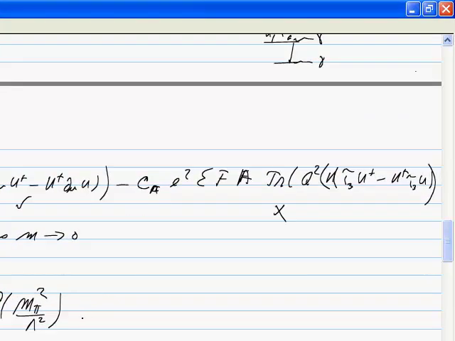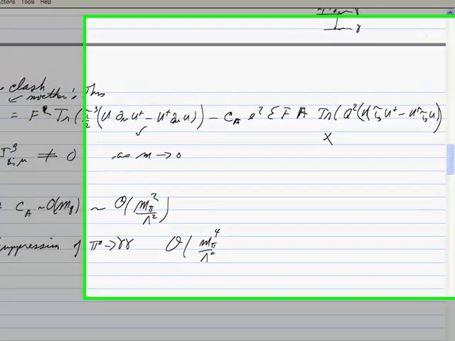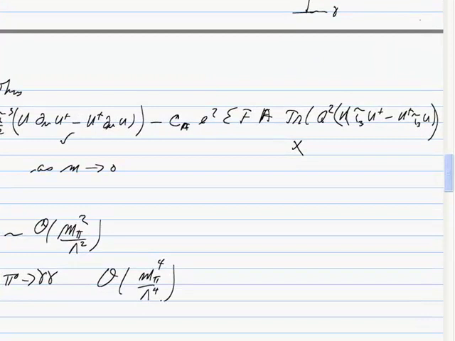So if C_A went like m_π squared, we could then write a Lagrangian that satisfied this. But that implies a suppression of π⁰ to γγ of order m_π to the fourth over Λ to the fourth, which is some number around 10 to the minus 3.